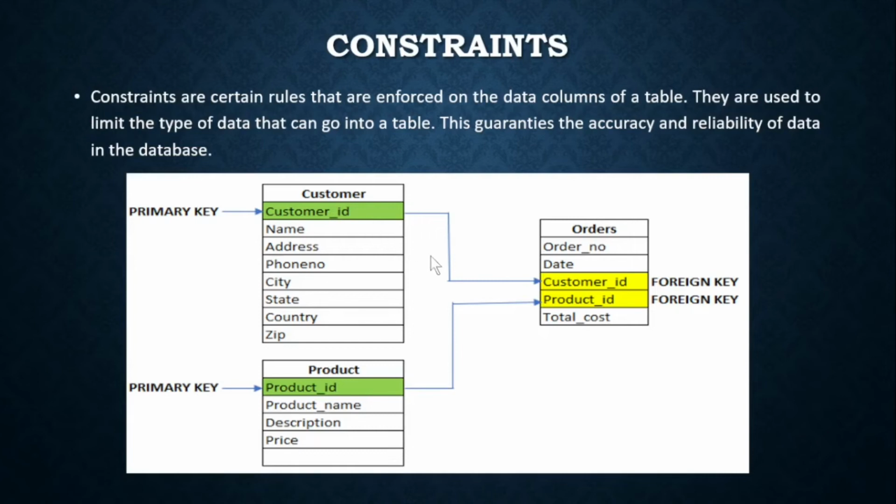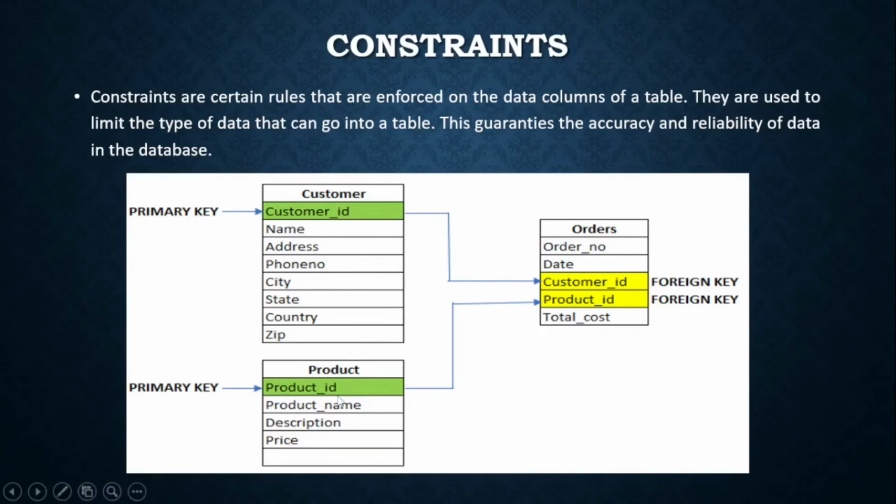So it makes it easier to be able to select data from the 2 tables simultaneously. For you to be able to select data from 2 or more tables, you need to be able to connect those tables with a single column that is common to both of them. Now, one table is supposed to be making reference to the other table using the customer ID.